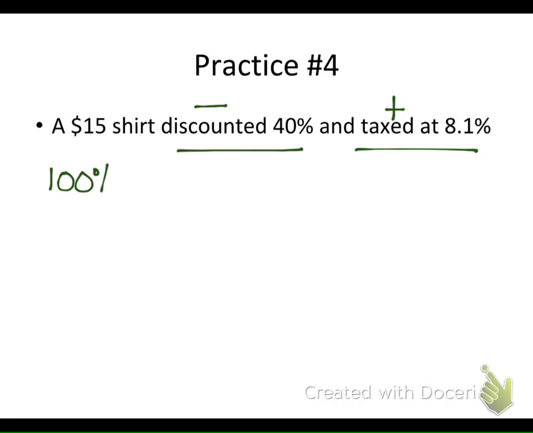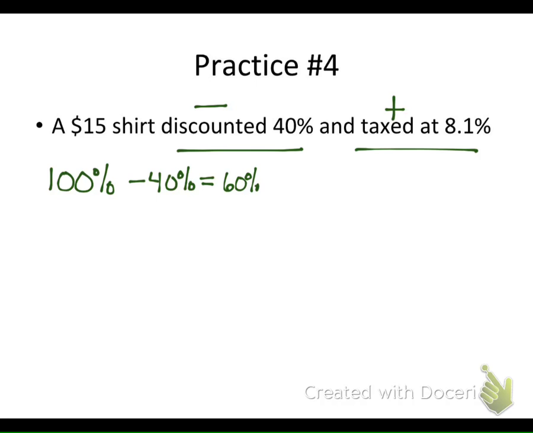So 100%. I'm going to look at my first percent increase or decrease, which is discounted 40%. Discounted means what? Subtract. So I'm going to take 100% minus 40%. So 100% minus 40% is what? 60%. So there's step 2. Now, what do I do with this percent?